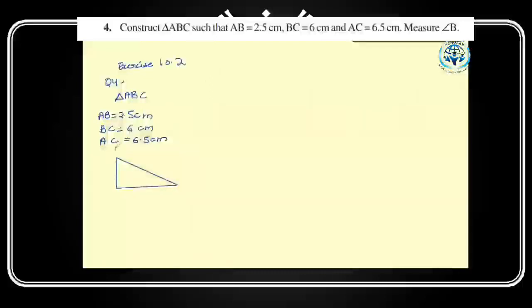Drawing the rough sketch, we will get this type of triangle, where BC is 6 cm, AC is 6.5 and AB is 2.5. So we will start with drawing BC 6 cm.